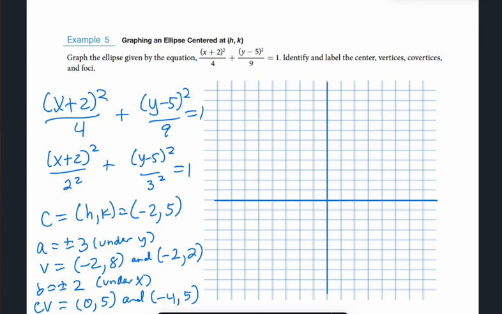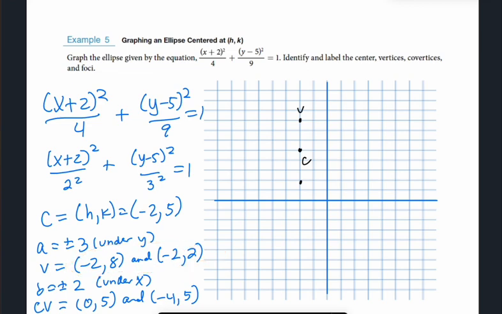we can go to our picture. We can label the point -2, 5 as our center. We can count 3 up and 3 down in the y direction. And you should get those points. If you don't get -2, 8 and -2, 2, then you calculated those wrong.